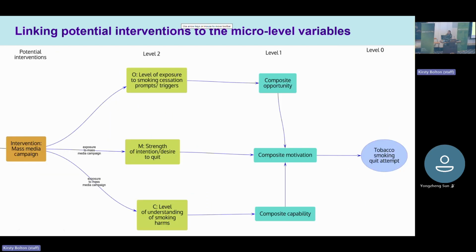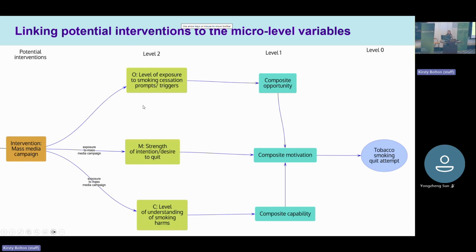And then we've got our behaviour, our level 1 variables, and our level 2 variables, which I've removed a lot of here just so that the screen isn't too full and you can read everything. But then we incorporate our potential interventions. In this case, we've got a mass media campaign, and we want to say what that links to in terms of the level 2 variables.